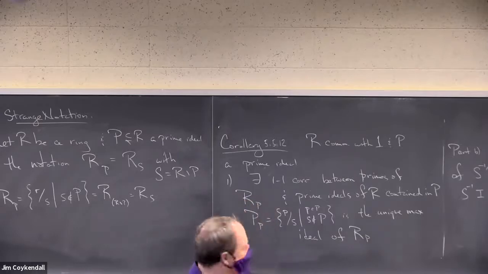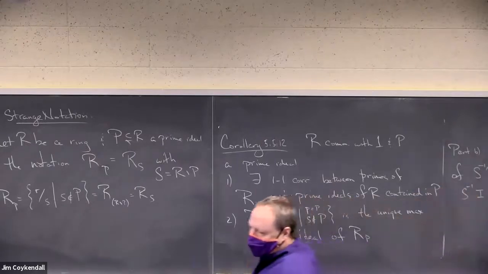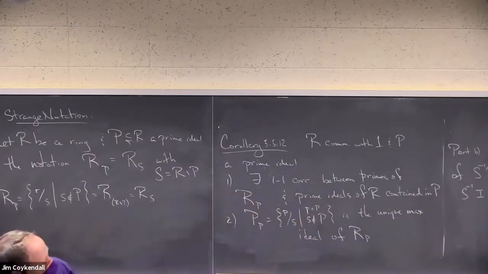So see if you can verify. I mean, the correspondence shows that that's the unique maximal ideal of that. So when you pass to this, what happens is you only leave the maximal ideal P. P is the unique maximal ideal in the quotient.